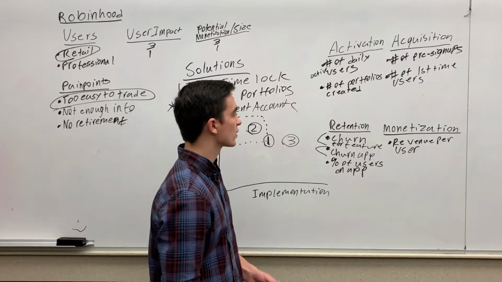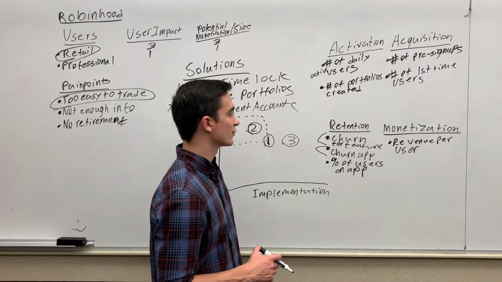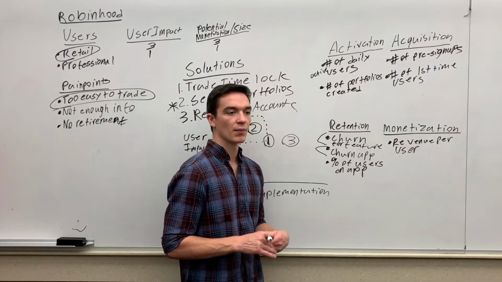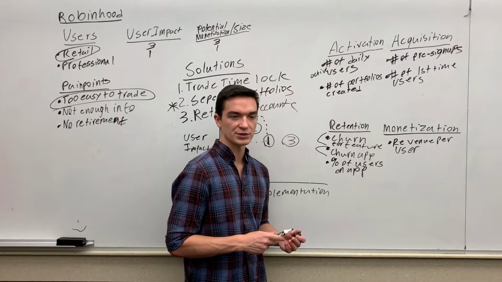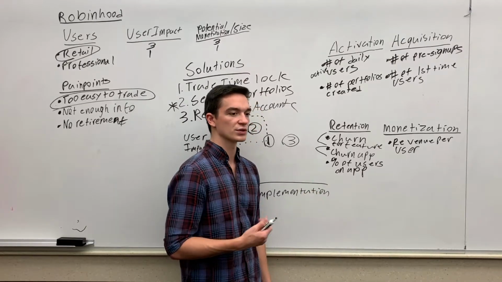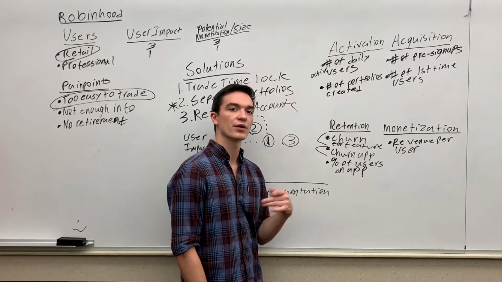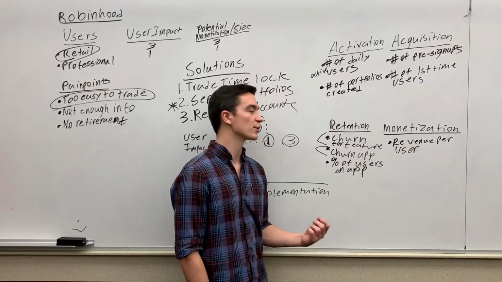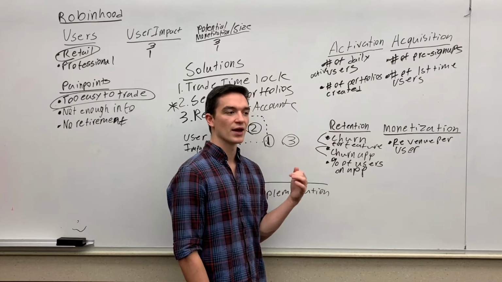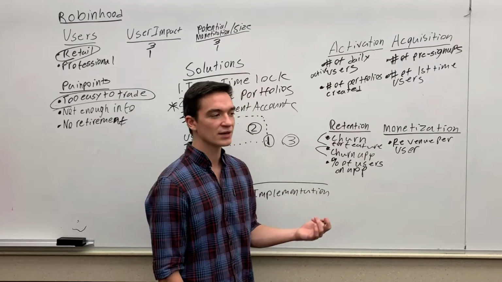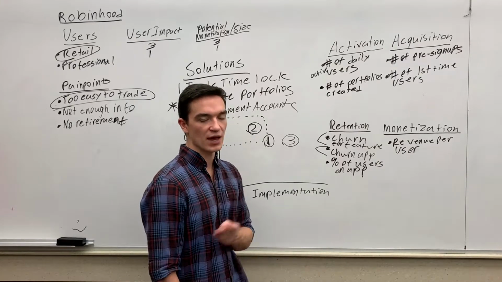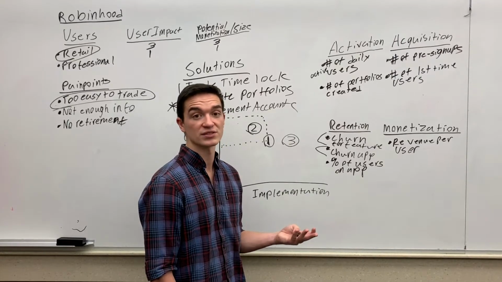If I only had to pick one, I would definitely be looking at a retention metric for the feature, just because my goal as a product manager at Robinhood is to improve the user experience. And I really want to know that I created a feature that's valuable for users, because if the entire platform of Robinhood signed up for our feature and then 90% of them stopped using it, I think that's a much worse scenario than having 10% sign up and all 10% staying.